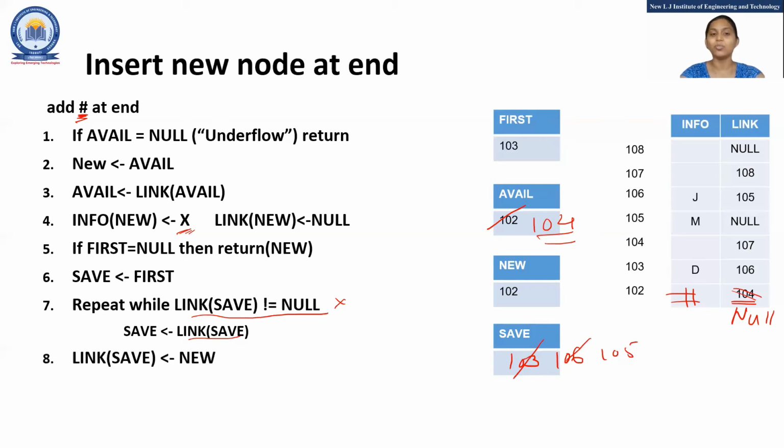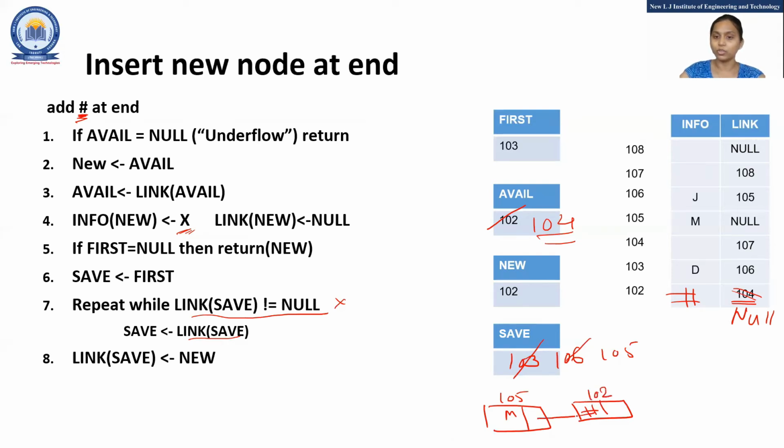Fine. Now what can you do? You add the newly created node at the end of your list. This is your M, 105, and this is your new node having value hash sign. And what was the location? 102. Yes.